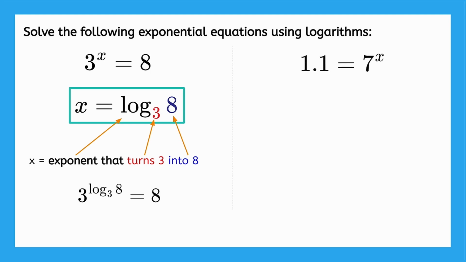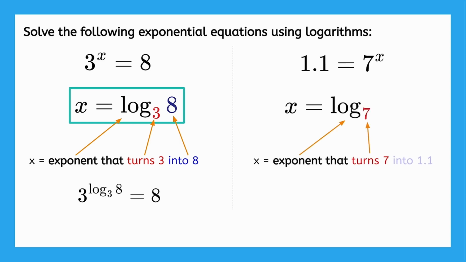Now, try this second equation on your own. 1.1 equals 7 to the power of x. Pause the video and try it out. Similarly, we need x to be the exponent that turns 7 into 1.1.